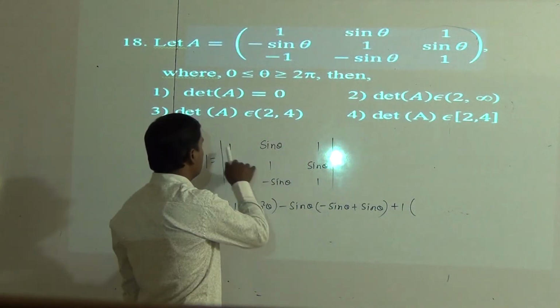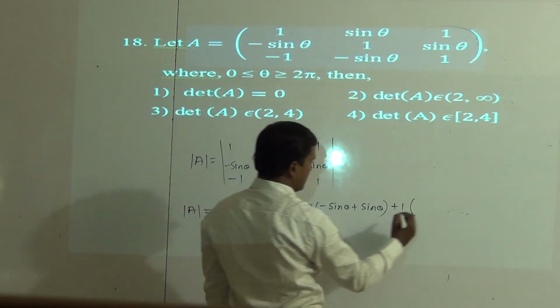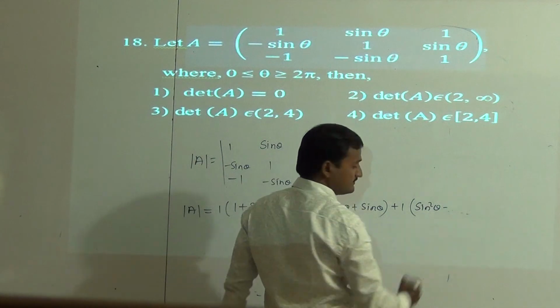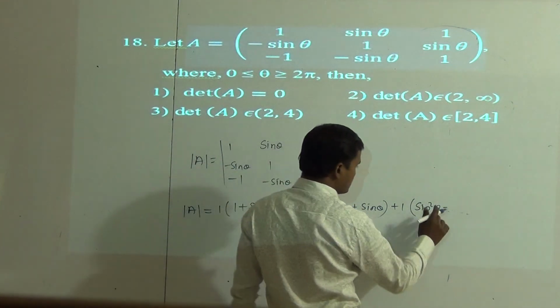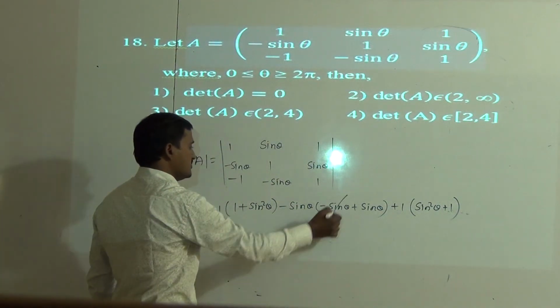So I have to leave the first row and third column, so minus into minus plus, so sin theta into sin theta, that is sin square theta, minus 1 into 1, that is minus 1, but here it is minus there, minus into minus plus, right?